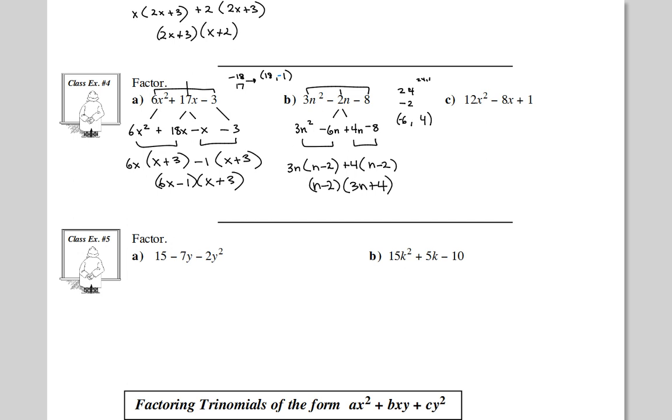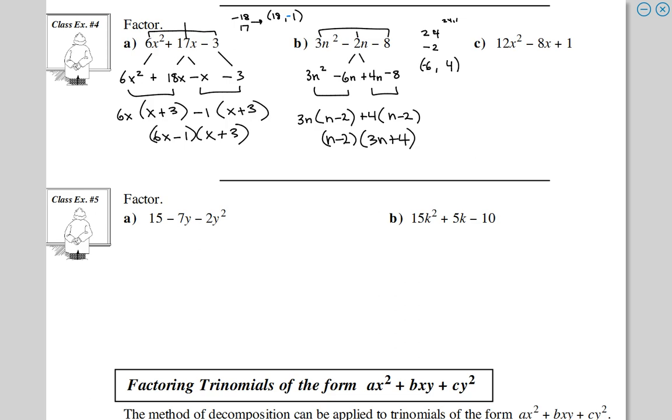Okay, what were you going to do with class example 5? Rearrange it. Good. And for class example 5, I would rearrange it, and then what, Carl? Which one are we on? 5A? Look at it, please. What would you do with that negative out front? Remember we talked about this?